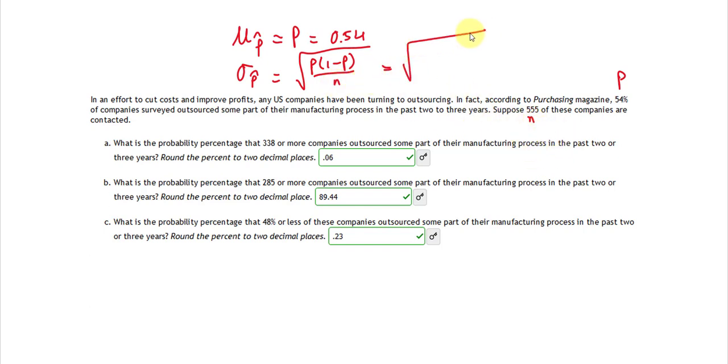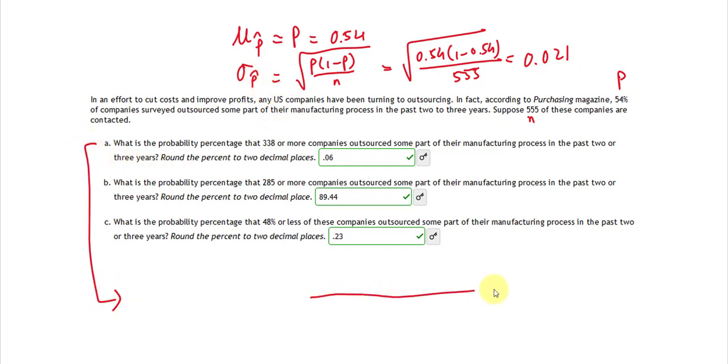So 0.54 times 1 minus 0.54 divided by 555, take the square root. I am getting 0.021 for the standard deviation.